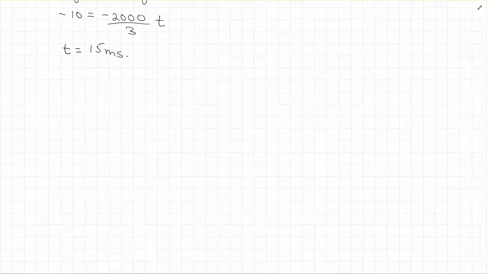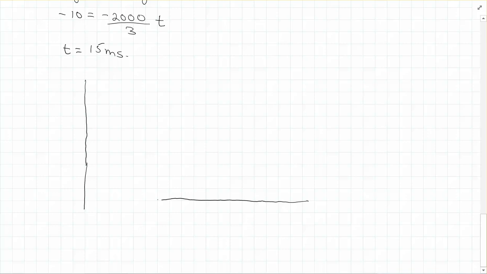Now, the graph here is pretty straightforward. I'm going to actually graph them on the same graph here. Okay, so let's just go ahead and label some things here. 2, 4, 6, 8, 10.